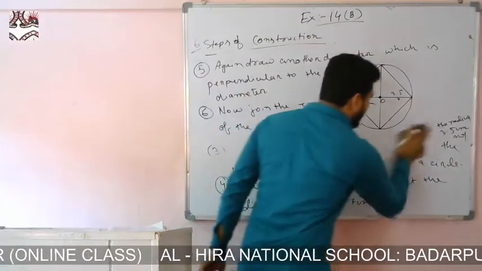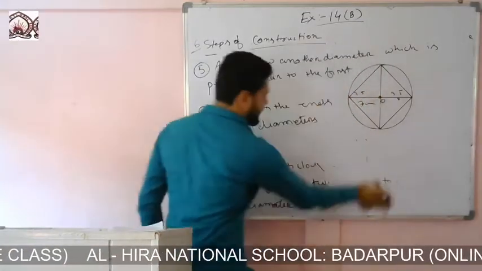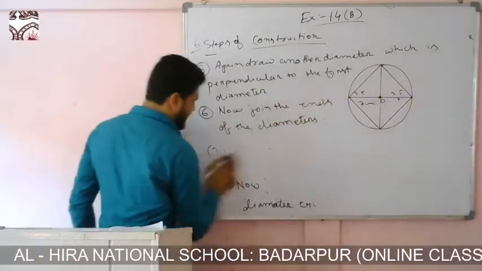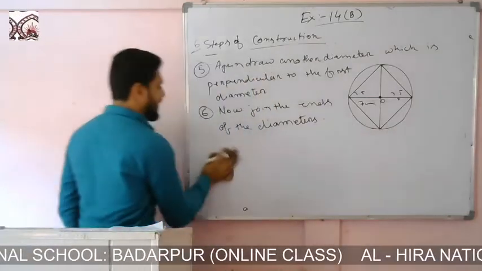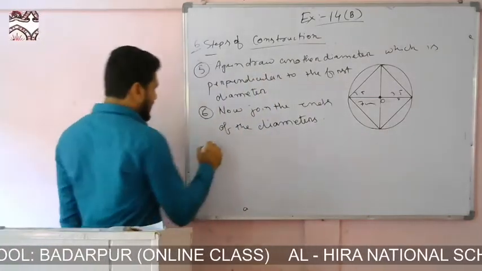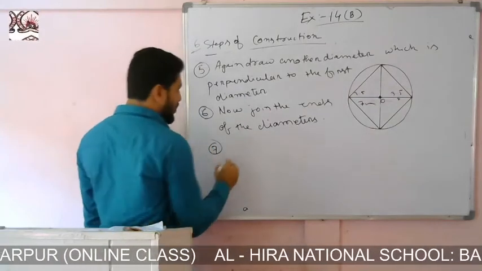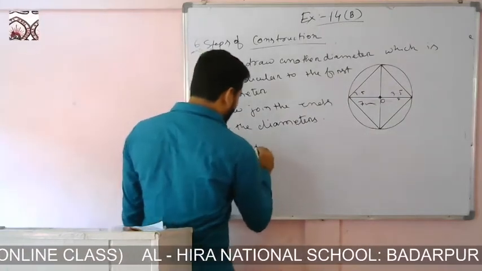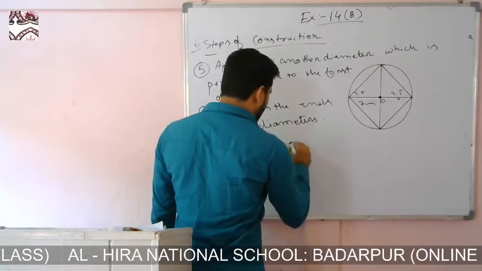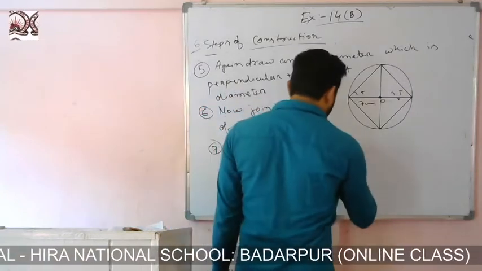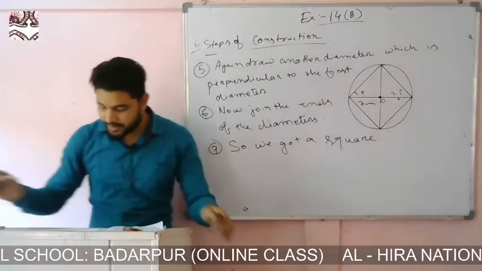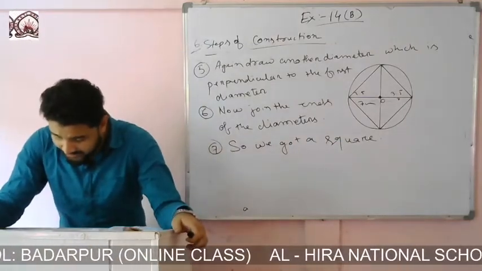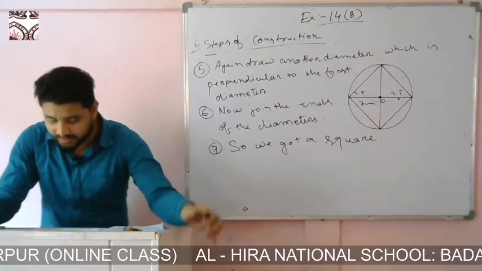Now we have to write the name of the figure. Number 7: so we got a square. What figure is formed by joining the ends of this diameter?